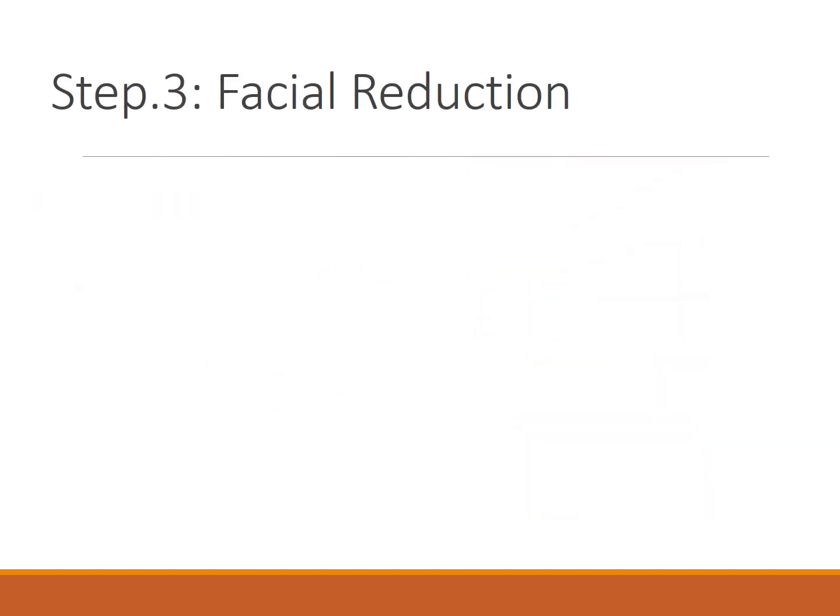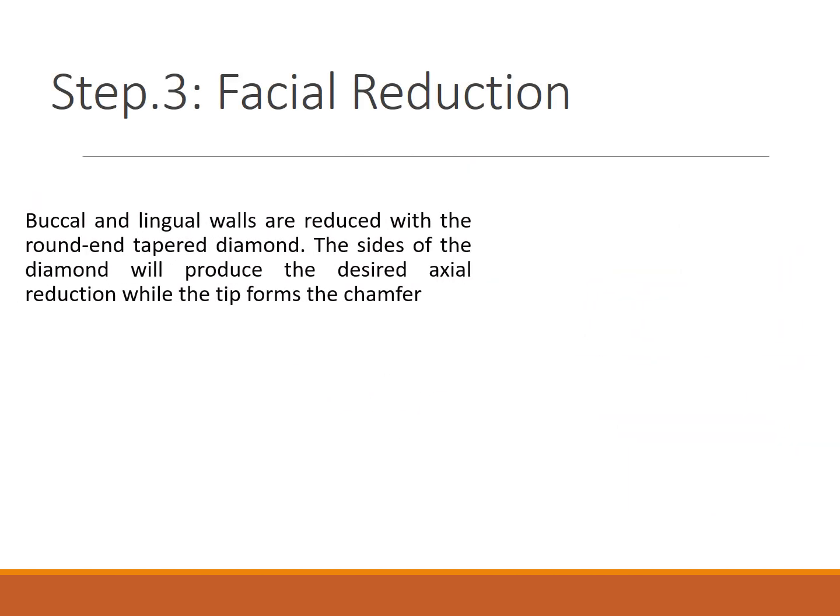All right, so coming to the facial reduction, guys. Buccal and lingual reductions are done with a round and tapered diamond. The size of the diamond will produce the desired axial reduction, while the tip forms the chamfer.